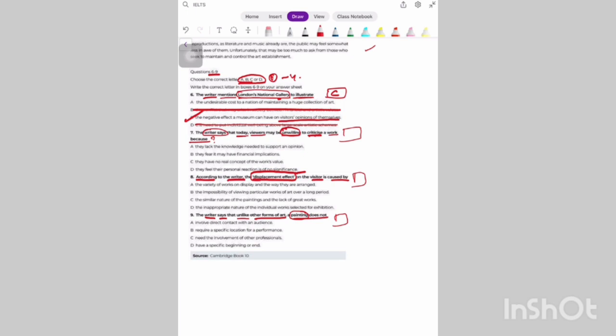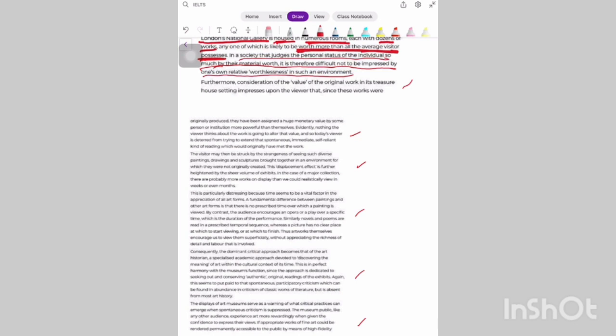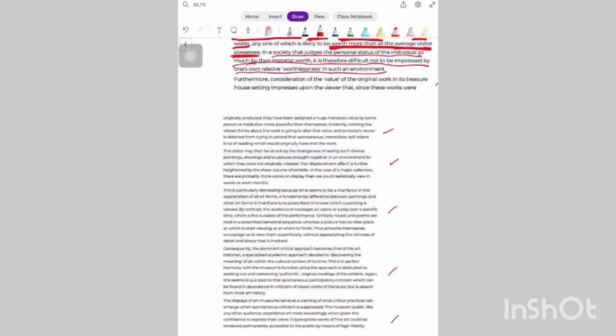See, the writer says that today viewers may be unwilling to criticize work because, evidently, nothing the viewer thinks about the work is going to alter that value. So today's viewer is deterred from trying to extend that spontaneous, immediate, and self-reliant kind of reading which would originally have met the work.